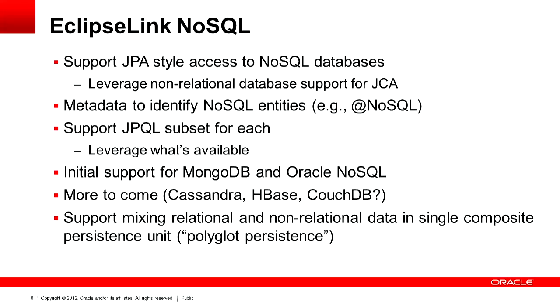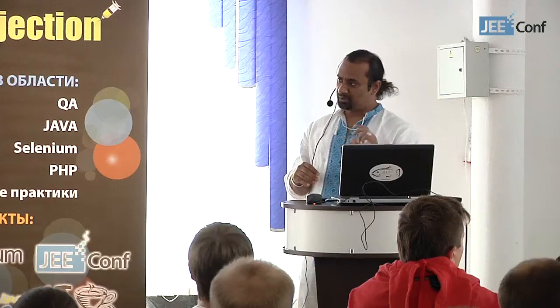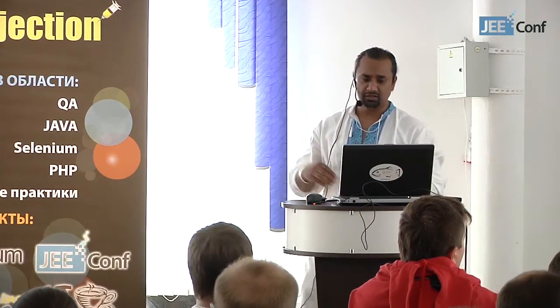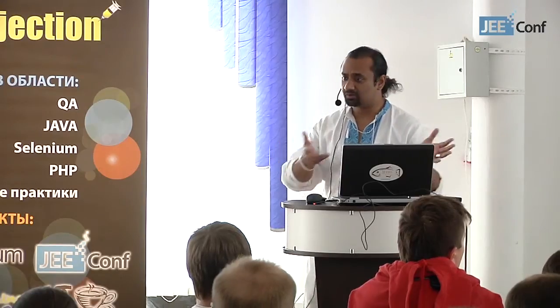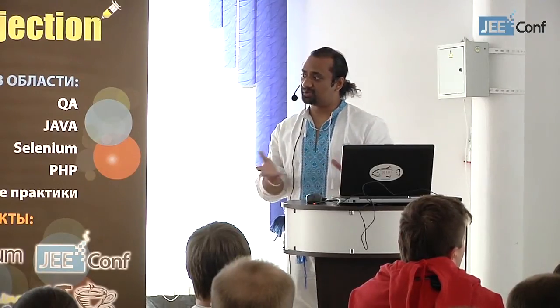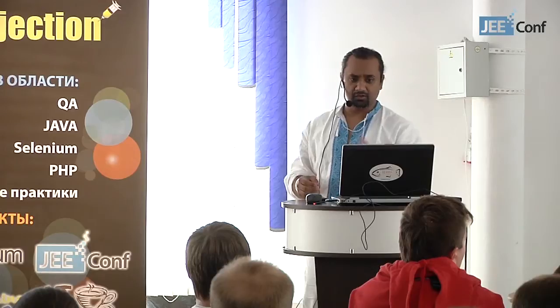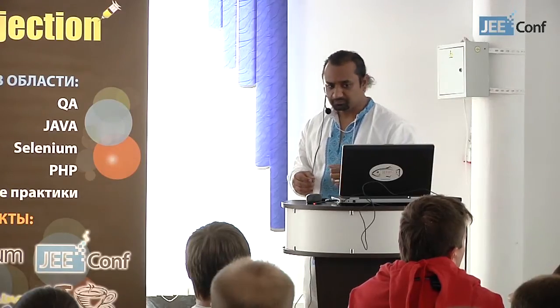Initially, there is support only for MongoDB and Oracle NoSQL, but there are plans of supporting other databases like Cassandra and HBase, and maybe this is something you could get involved in if this interests you, and contribute perhaps a module for these NoSQL databases.